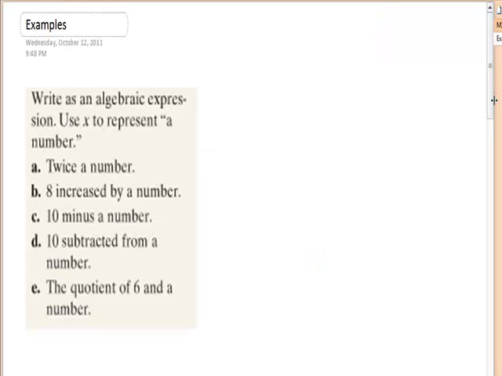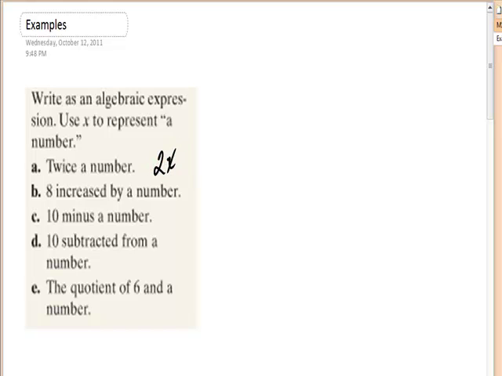These first ones say, write an algebraic expression, use x to represent a number. So when it talks about a mystery number, we're going to write x. The first one, twice a number. Twice means to multiply, specifically multiply by 2. So this would be 2x.